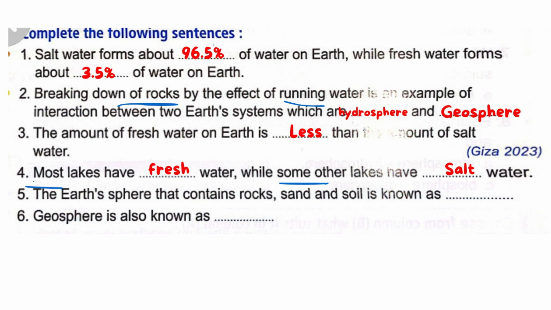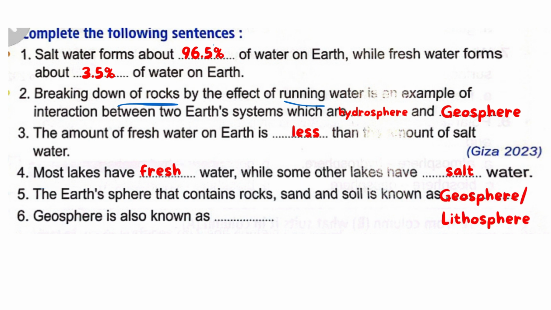Moving to the next question, we have the Earth's sphere that contains rocks, sand, and soil is known as, yes, you know, this is geosphere. Okay. Geosphere is also known as, the other name for the geosphere, you know? Yes, this is lithosphere. Okay, well done.